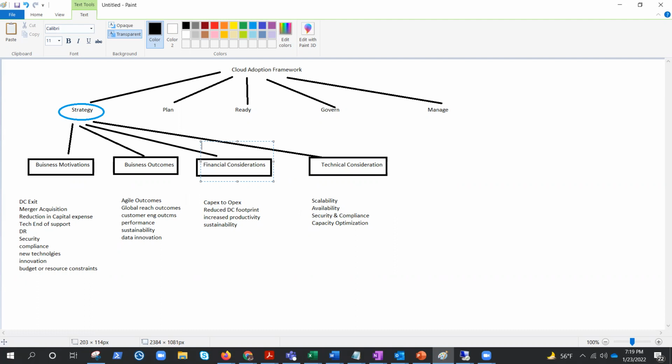It's important to account for things like core benefits of the cloud, like reserved instances, scaling capacity up and down, Azure Hybrid Benefit, right-sizing your resources. Consider how you can optimize.